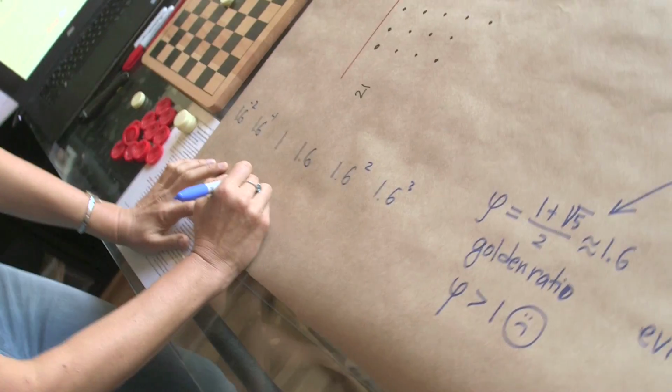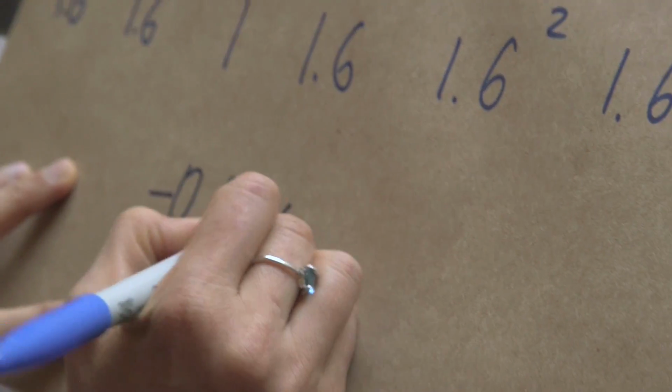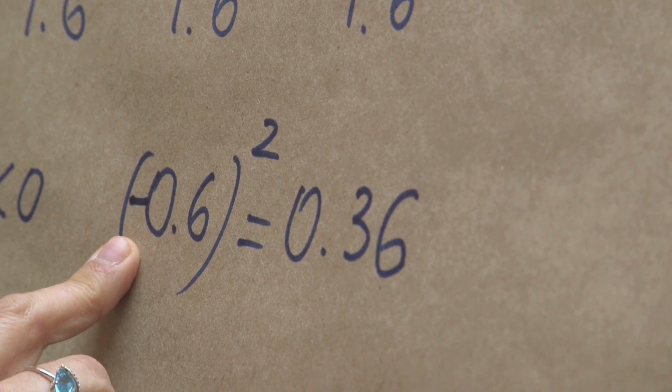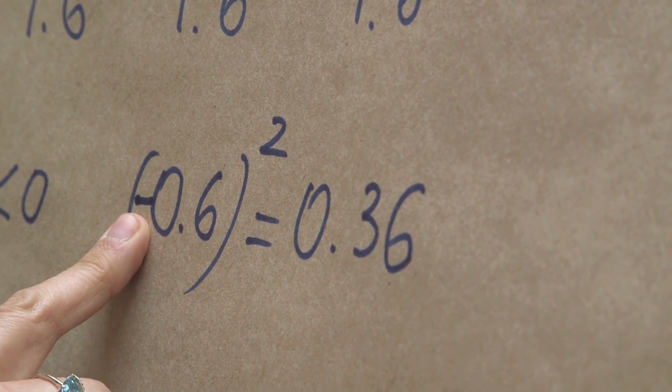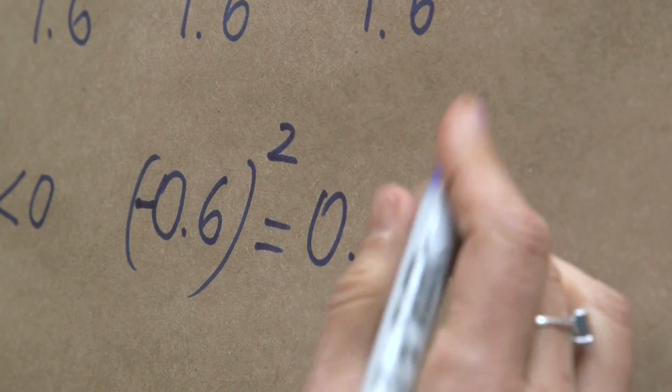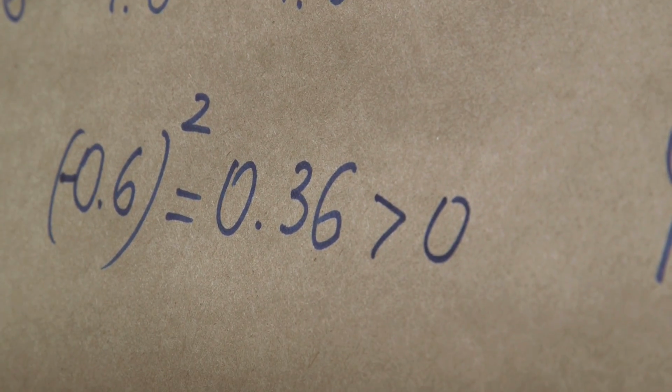But what do powers of negative numbers do? They flip-flop. So for instance, negative 0.6 is negative. And if we raise it to the power of 2, negative 0.6 squared, that negative is going to disappear. And so you will end up with something positive. And this will keep flip-flopping between positive and negative numbers.